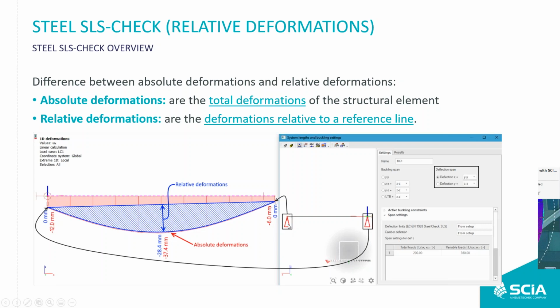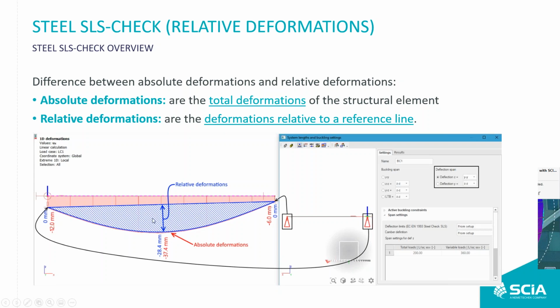If they are solid, it means it's a fixed point. And for your relative deflection, it means your relative deflection will be 0 at these two positions. There will never be any relative deflections there. That's what you see right here. You see, in fact, a reference line that is drawn from those two 0 points. That reference line is, in fact, your 0 line. So if your absolute deformation is on that 0 line, your relative deformation is also 0, in fact.